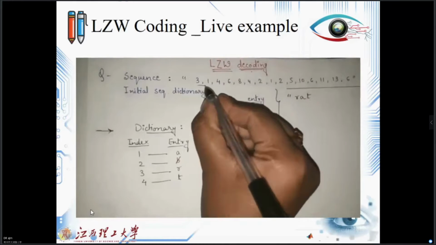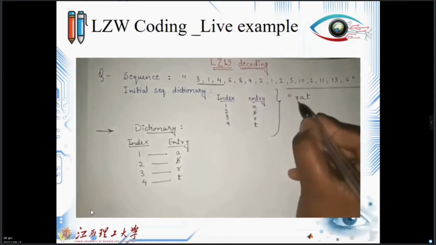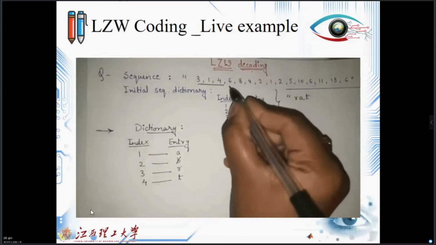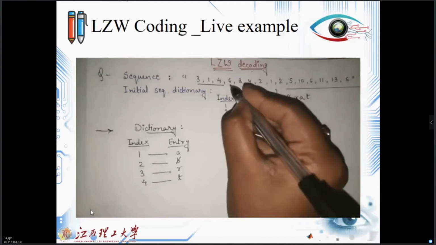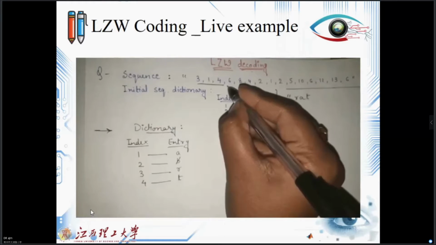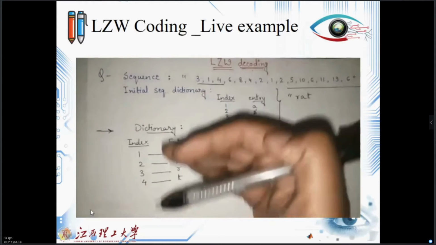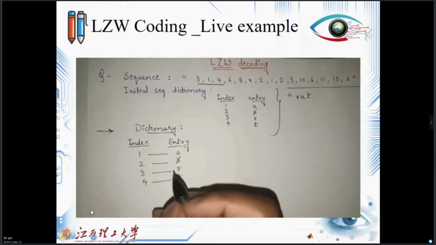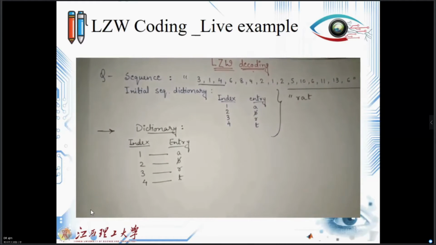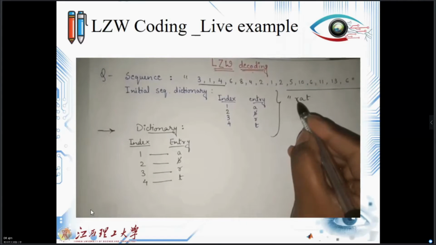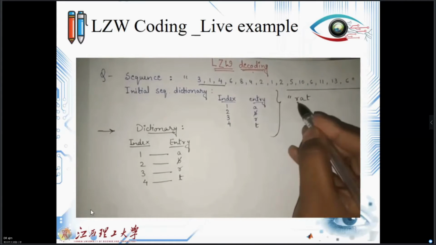Up to here, we had in the dictionary at the rat, but for the 6, we don't have. What we should do? Then we should add this to our dictionary. The rat message is come already with the data that we have, but for the 6 one, we didn't have.